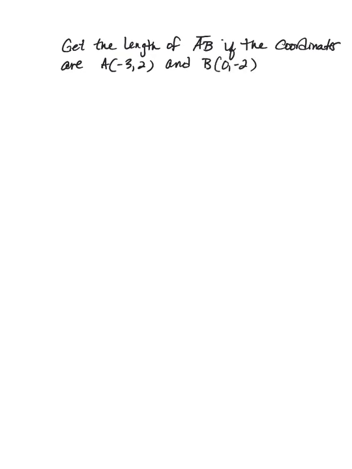It doesn't matter which one I call (x1, y1) and which one I call (x2, y2). It doesn't make a difference because in our formula, we're squaring the difference. When you square the difference, it doesn't matter whether the difference is positive or negative. The square of a positive is positive. The square of a negative is also positive, right? So keep that in mind.